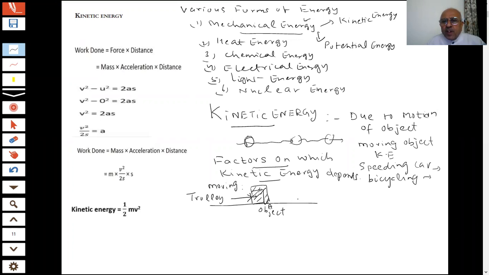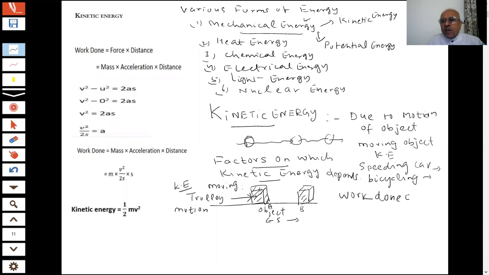It will move from its original position; the object will be displaced. The trolley was having what? Kinetic energy, because it was moving. It hits the object, and the object moves from point A to point B. There is a displacement which has taken place. That means work has been done.